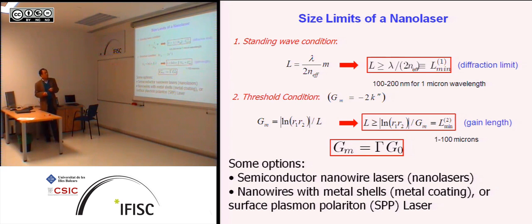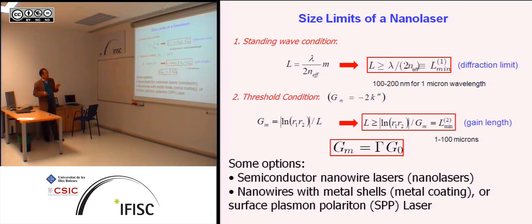If you compare this length with the wavelength length, the wavelength is obviously not yet the limit that we need to work on actively. The gain length requirement is a much bigger number. So we need to reduce this gain length requirement if we want to make smaller and smaller lasers. That simple comparison shows that reducing this L2 is a more immediate concern if you want to make a nanolaser.